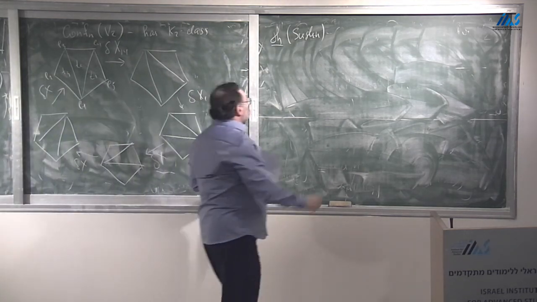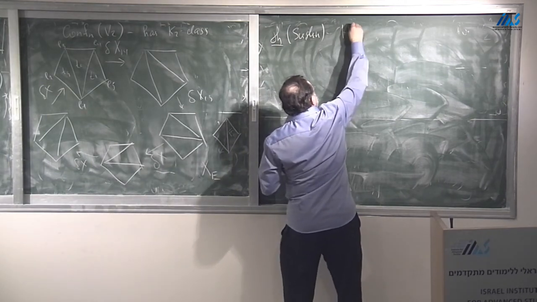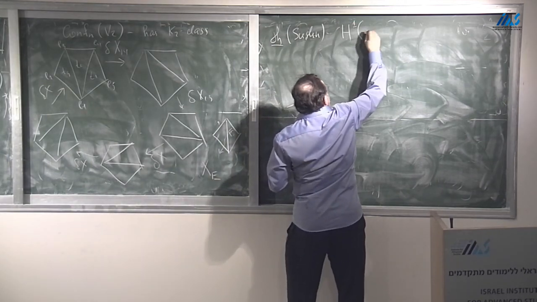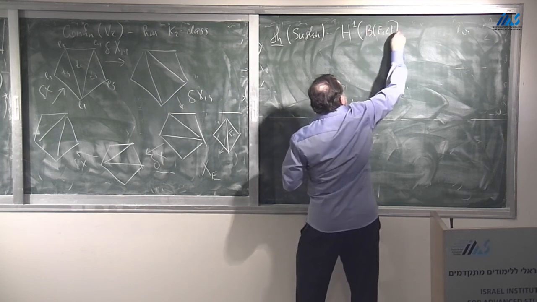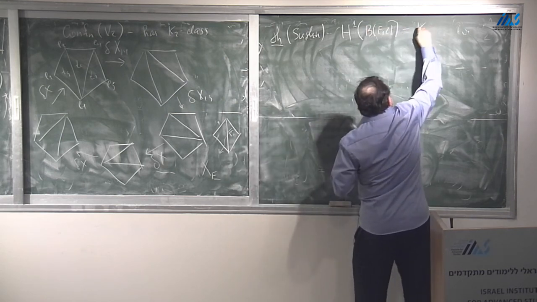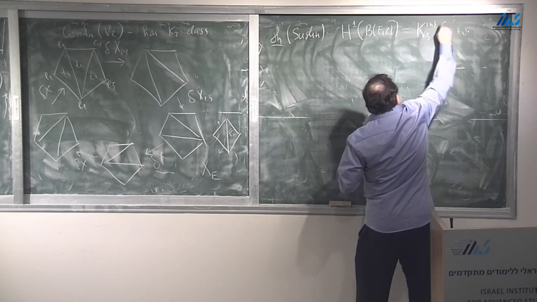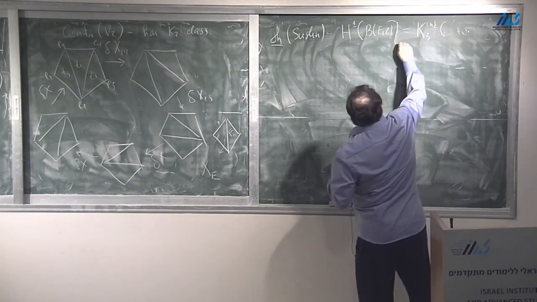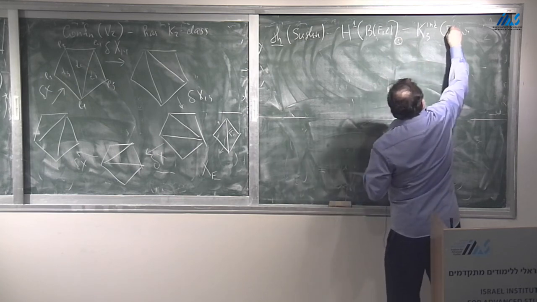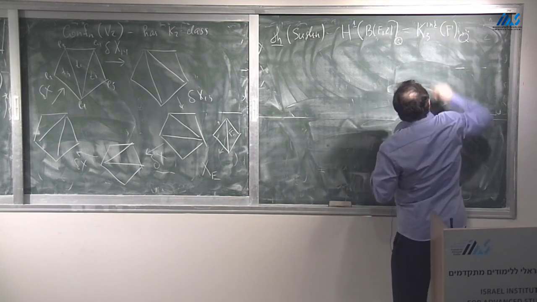As we have already seen, H2 is K2, but if you take H1 of this complex, then this is the so-called K3 indecomposable, modulo torsion.